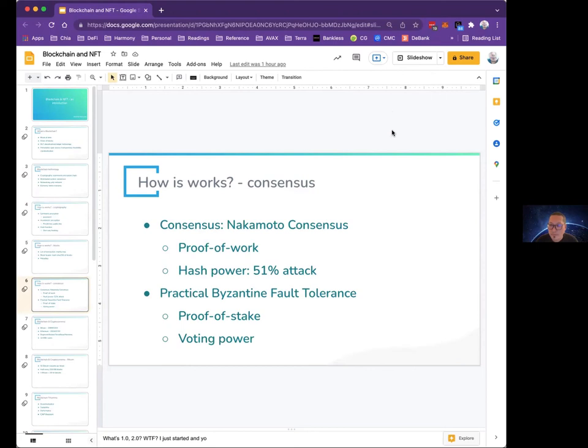You can think of the blockchain as a network of many different nodes. In order for people to participate in the Bitcoin network, you have to run a node and you have to run mining software.